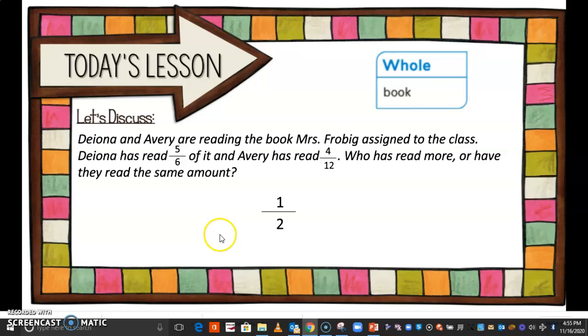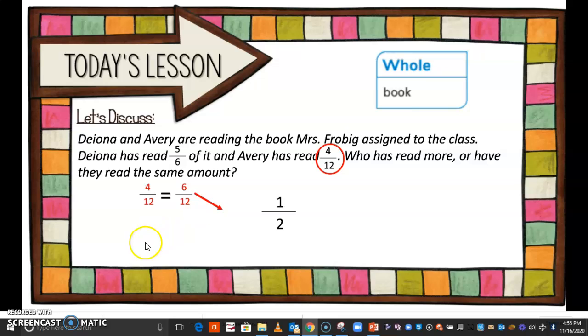Let's think about it. We know what a half looks like. If we look at 4/12 and want to find half of 12, that would be 6/12. Since 4 is less than 6/12, we know 4/12 is less than half, because 6/12 is the same thing as 1/2, since 12 is twice as much as 6.